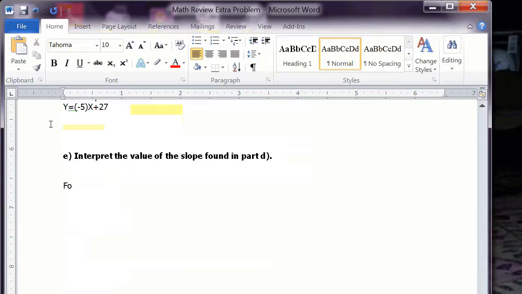So for our interpretation, we're going to say for each additional tequila shot taken, our number of free throws is decreasing by 5. Negative would be the decreasing. If it was positive, it'd be increasing. So by 5 free throws.